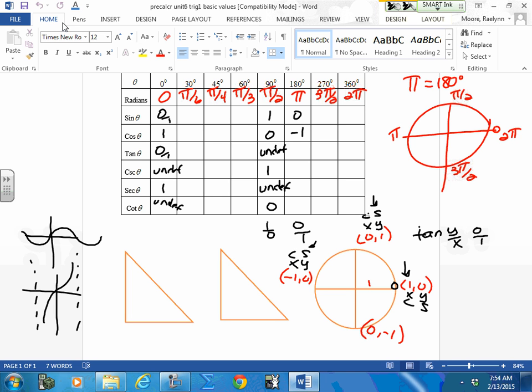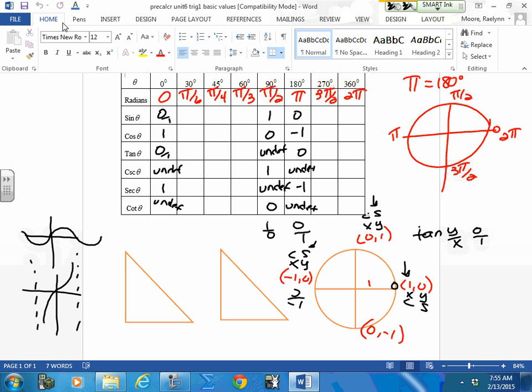Tangent? y over x, 0. Right? Cosecant, undefined. Secant, it's the opposite of this, so consider that over 1, -1. And cotangent, undefined. We're going to see a little pattern here.